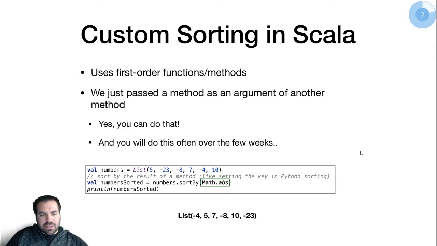And next, the third way. I do want to talk about first order functions right here. We just passed a function into a method. We can do this. It's very powerful, and this is the big thing that we want to talk about today and a little bit more in the next few lectures.